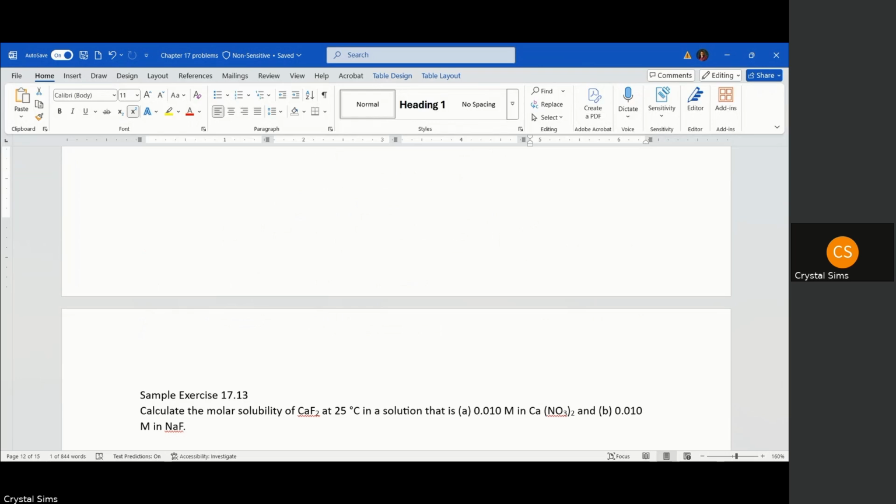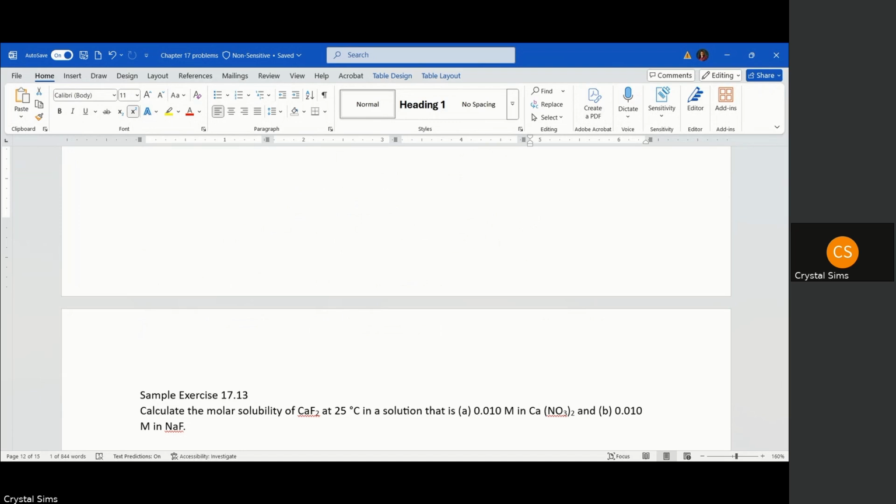The value of KSP, remember, it's a constant and it's only about temperature. So it doesn't matter that we have these other solutes in there. KSP is still going to be the same. But because of the common ion effect, the solubility is going to decrease.